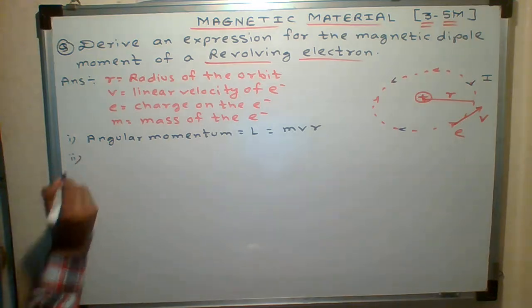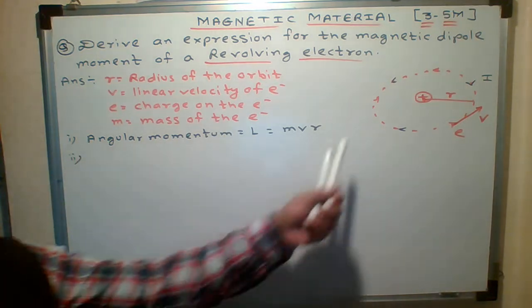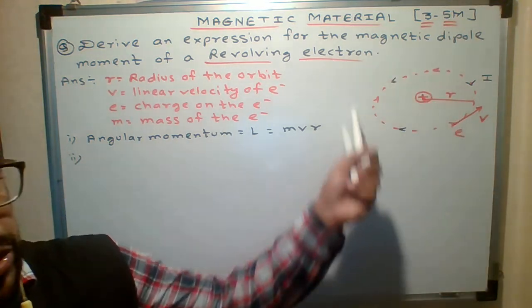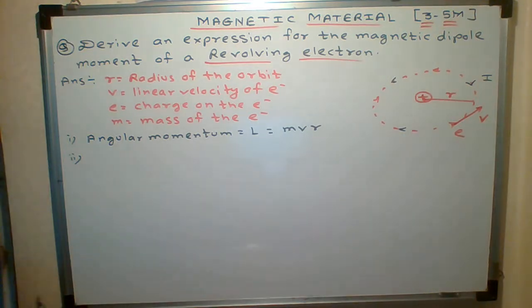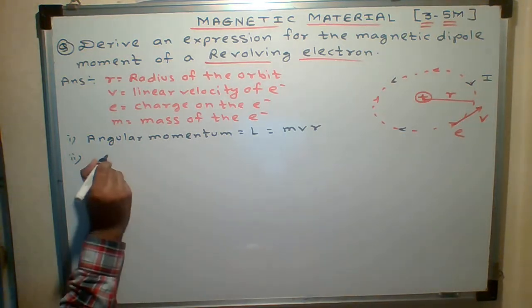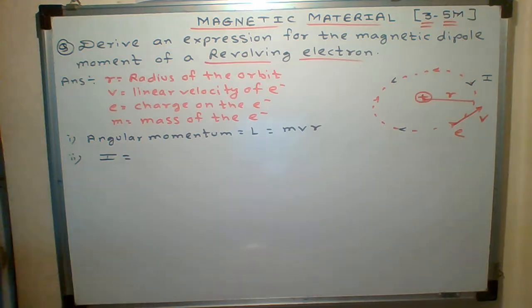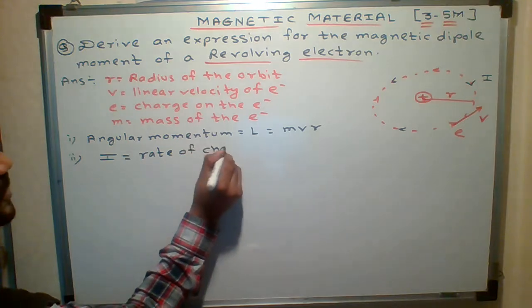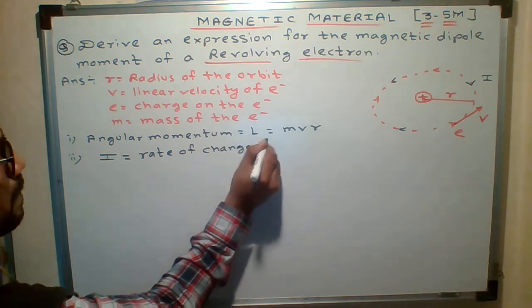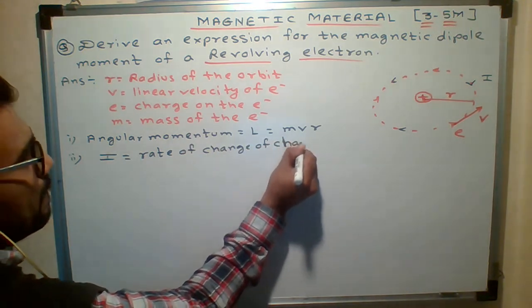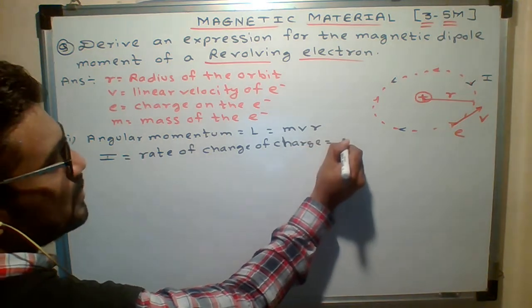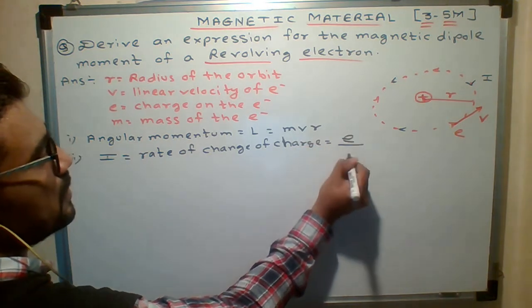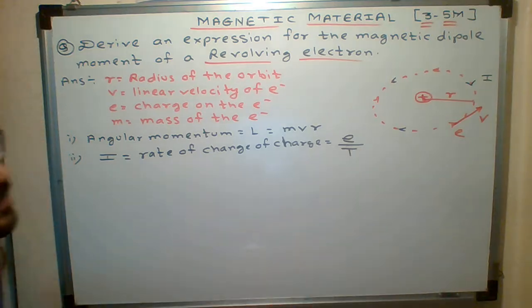Now students, due to the circular motion of the electron, current is flowing. What is the general formula for current? Current is rate of change of charge, so I equals charge upon time, equation number 1.